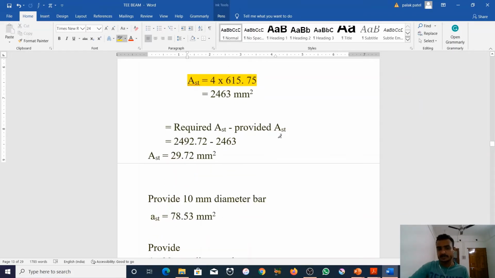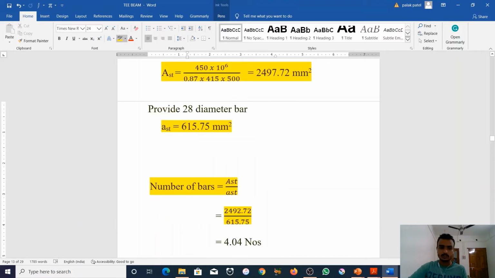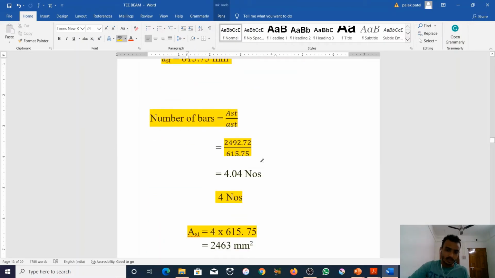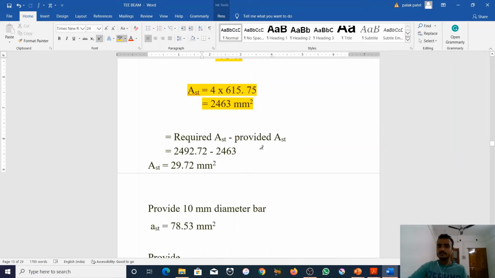Required Ast minus provided Ast. What is required? 2492.72 mm square is the required Ast. But what did we provide? 2463 mm square.